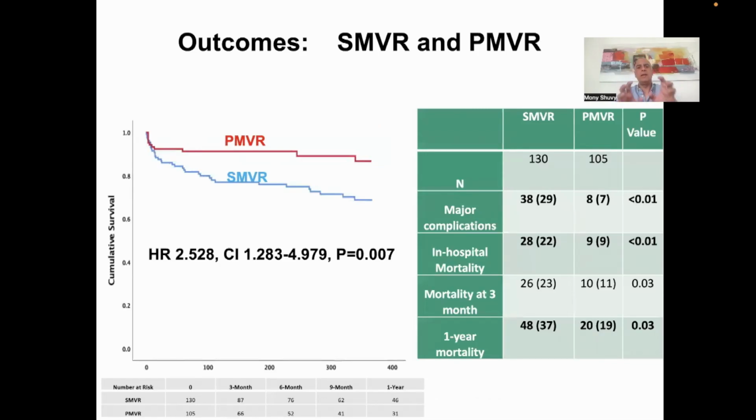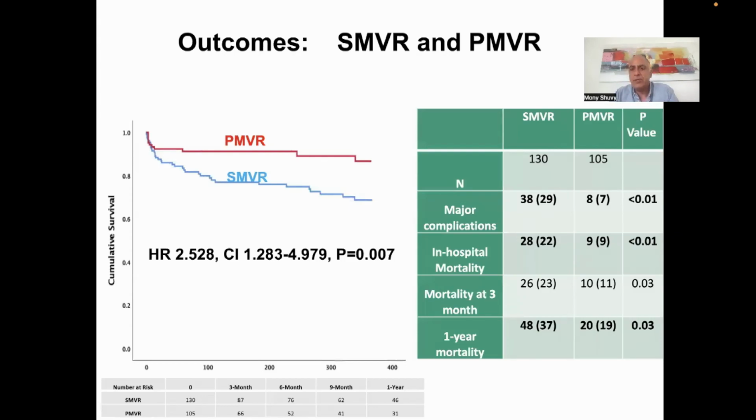Next, we evaluated the comparison between patients that were treated by surgery and those that were treated by TEER. PMVR is TEER. And we can see here that although the mitral clip and the surgery were both successful, more than 90% of the procedures were successful, patients that were treated with surgery had a very high complication rate.